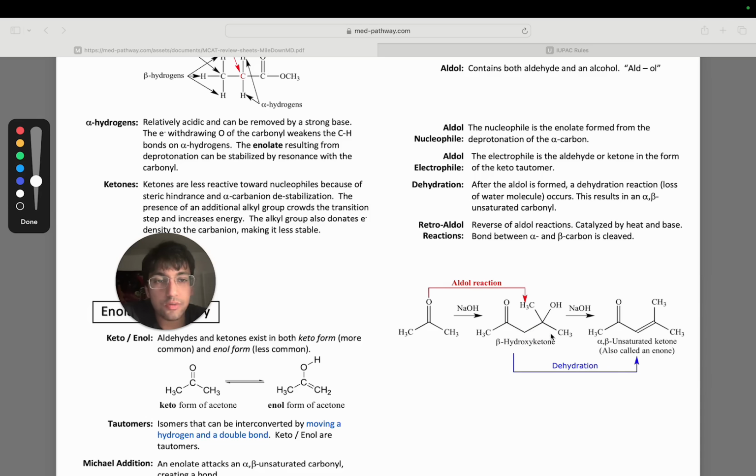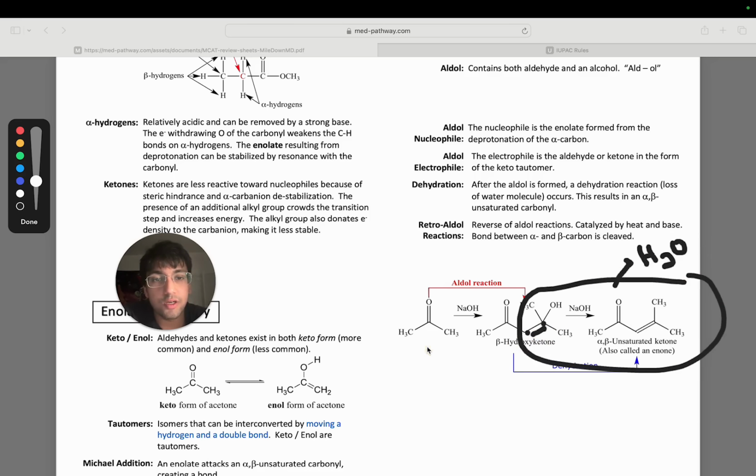Well, this guy is losing a hydrogen over here, and then this guy is losing an OH, right? And which OH is it losing? It's losing this one. So because you're losing an OH and you're losing a hydrogen, what you lose is water. There's a water that's leaving, and in place of that, because you've lost something from here and you've lost something from here, instead it's just forming a double bond.